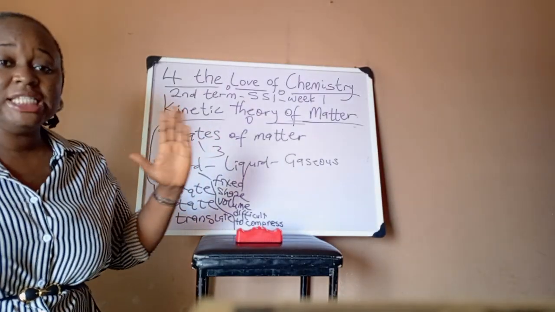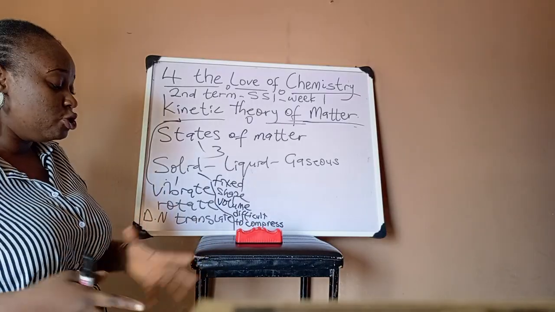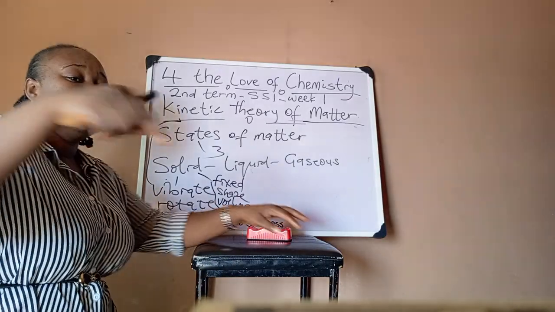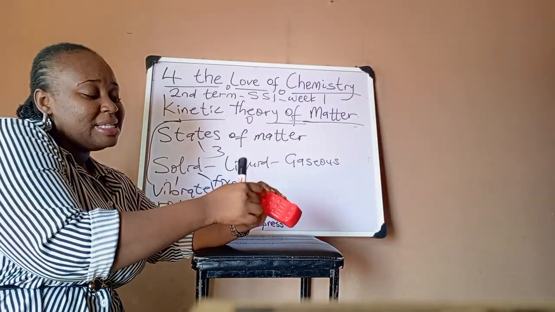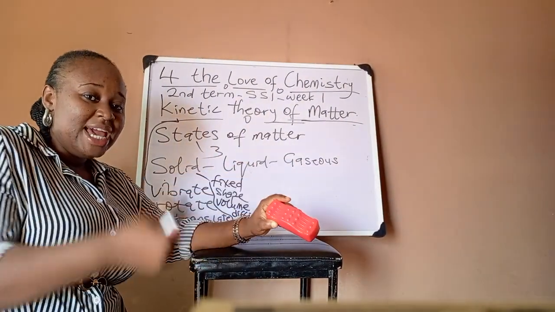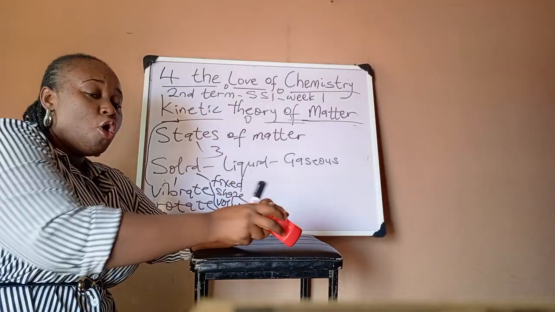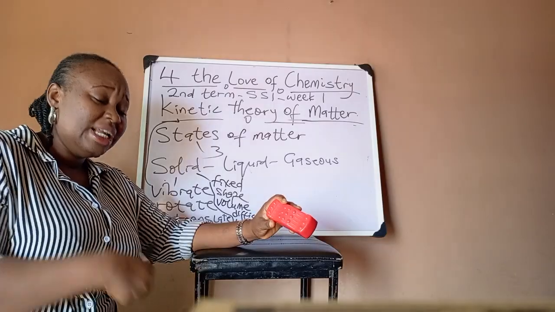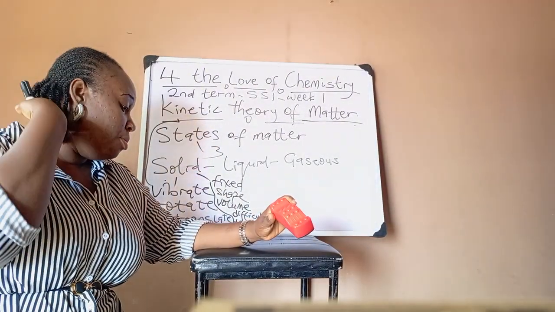Very strong intramolecular forces holding the particles of a solid together. When we talk about intramolecular force, it is the force holding the particles that make up a solid. Intramolecular, within the same molecule, holding them together. And these particles, we know they are made up of either atoms, ions, or molecules.